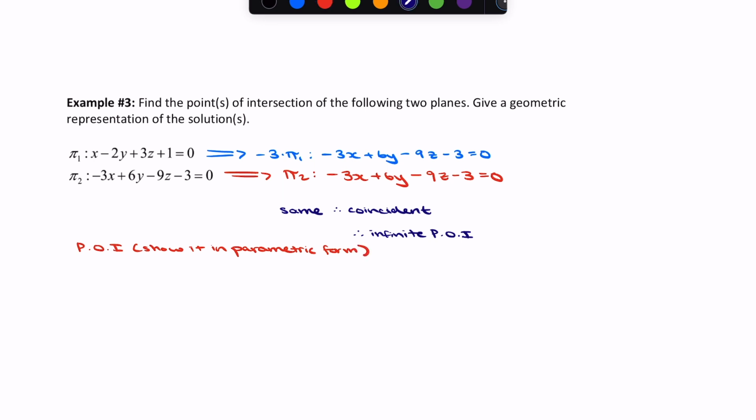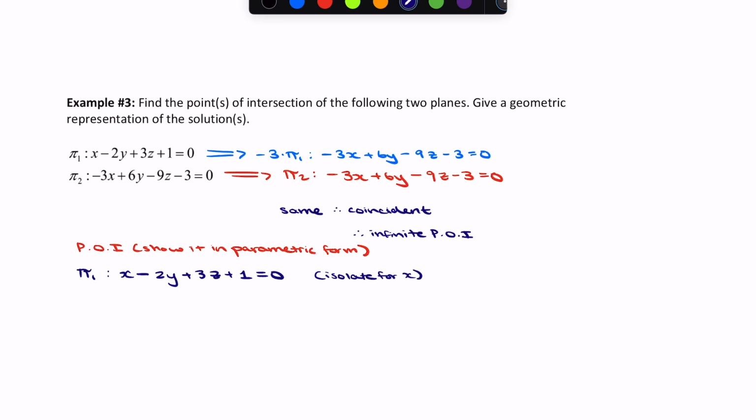Okay, so here we write plane number 1 as x minus 2y plus 3z plus 1 is equal to 0. And here what we're going to do is isolate for x.